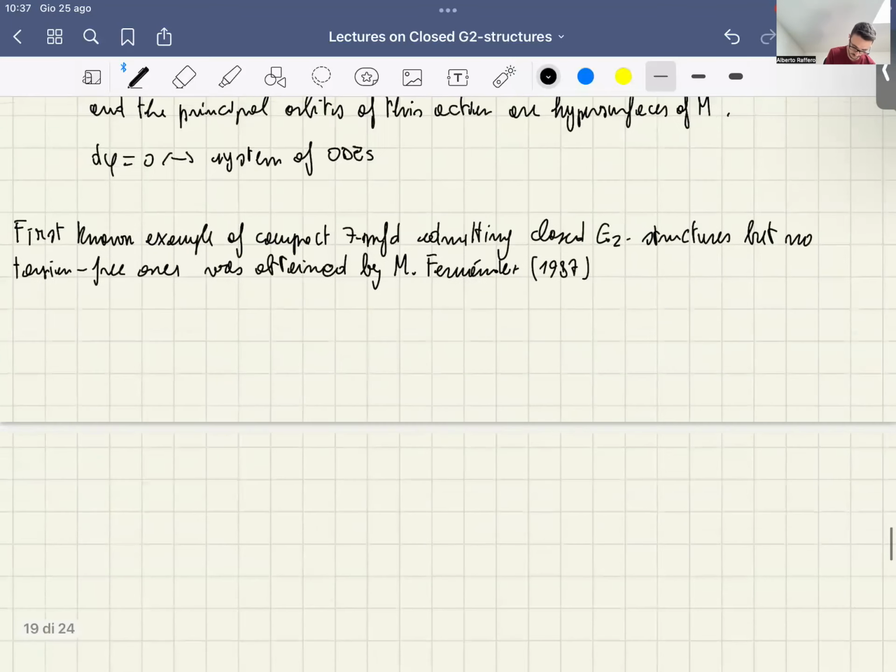And the example can be described as follows. This is not the description that Fernandez gave, but it is equivalent. So it goes as follows.